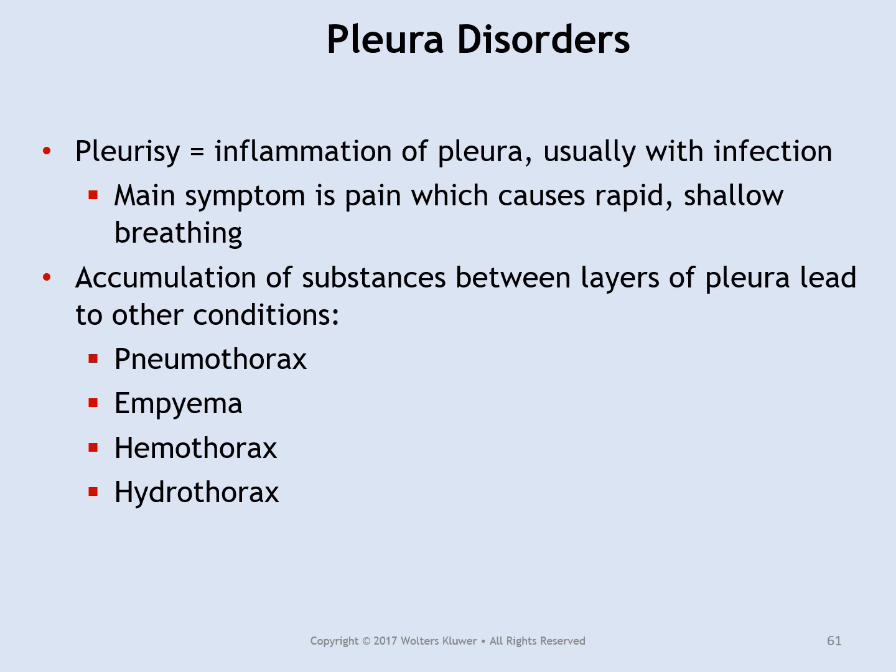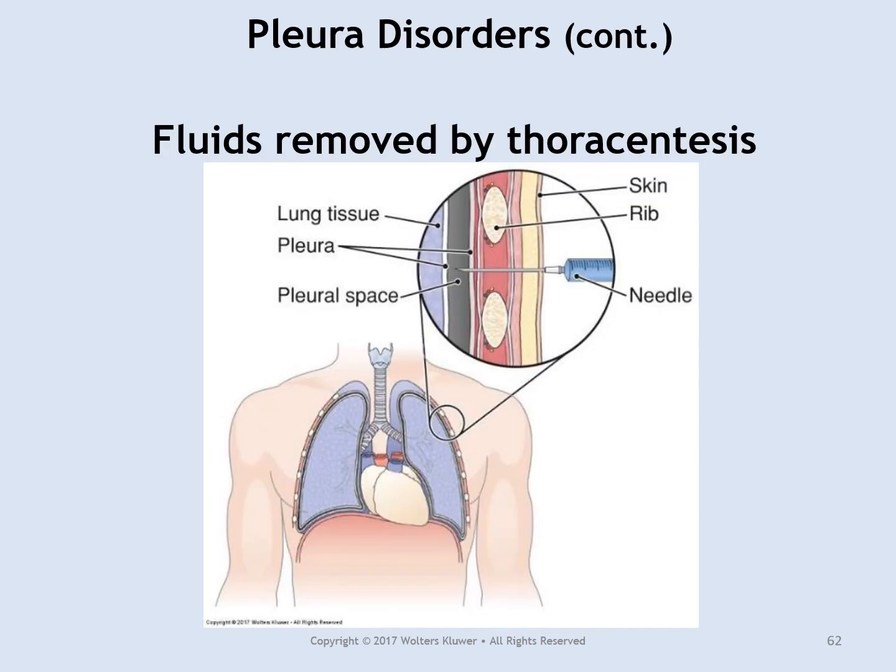You can see buildup of substances, buildup of fluid or air in between the layers of the pleura. You can see it with air if you get a pneumothorax, or with pus or blood or fluid. And that's concerning because then that fluid compresses the lung and makes it harder for the lung to expand. I'll show you a picture.